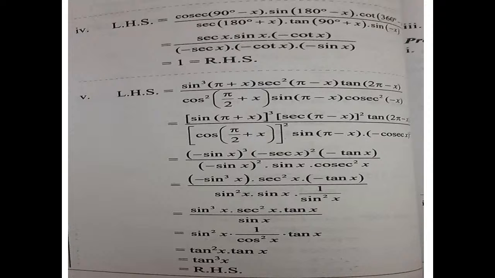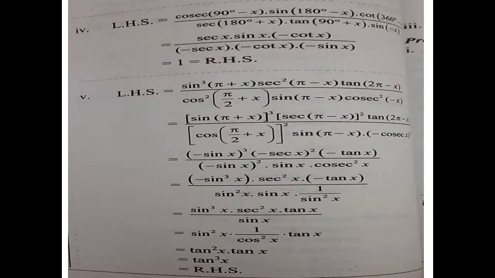Tan(90 + x): again tan will be converted into cot, and 90 + x lies in the second quadrant, and in the second quadrant tan is negative, therefore minus cot x.